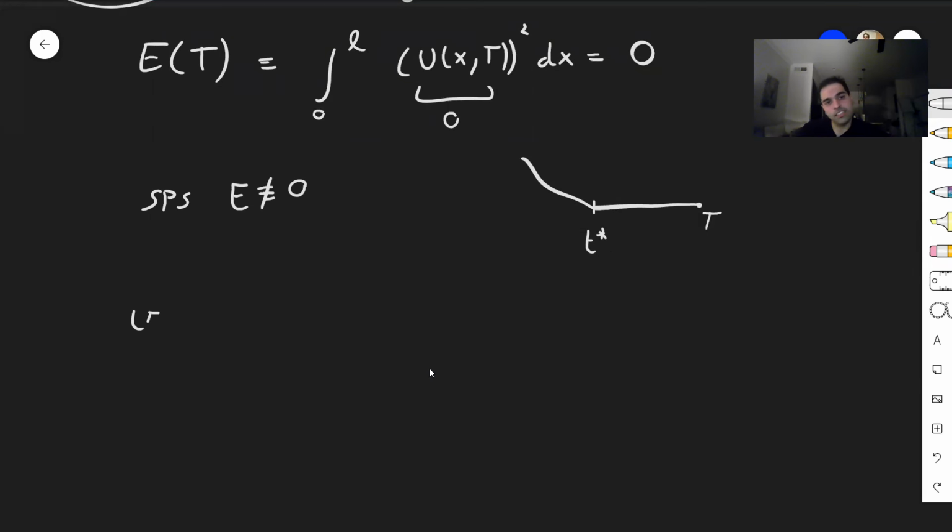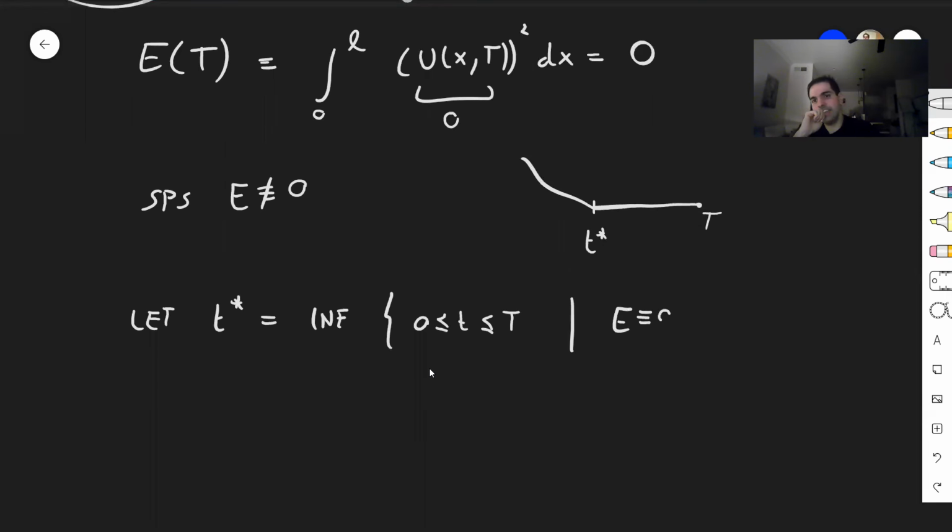So in terms of analysis, let T star be the infimum of values of t between 0 and capital T such that E is identically equal to 0 on the interval [t, T]. And because E is continuous and it's not identically equal to 0, we know that this is positive. So there's got to be a positive time where E switches from positive to 0.